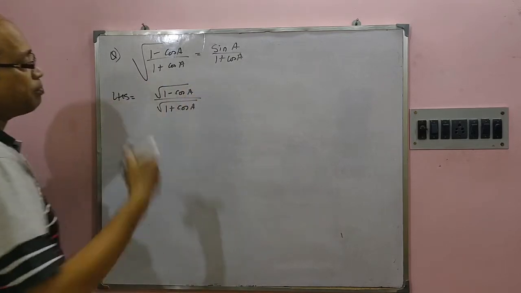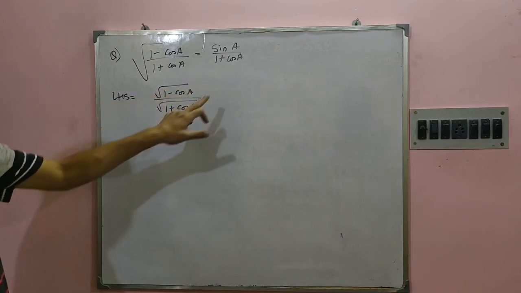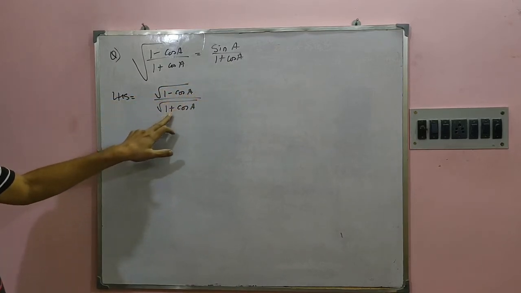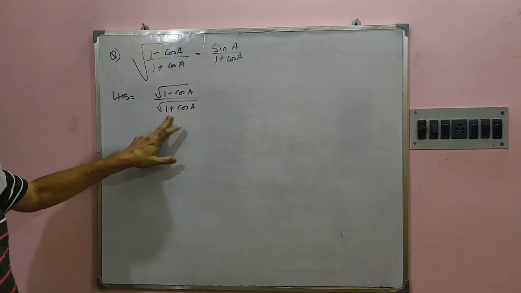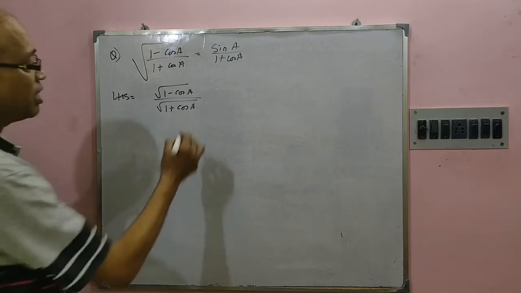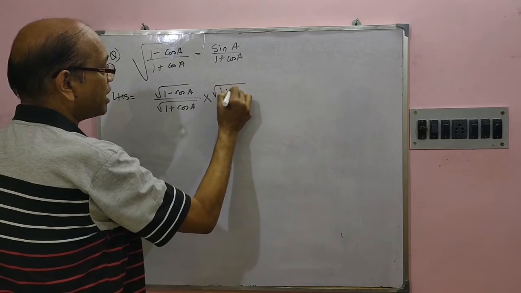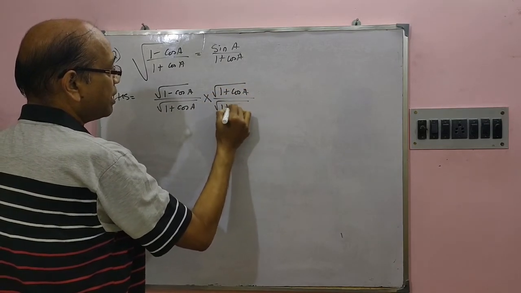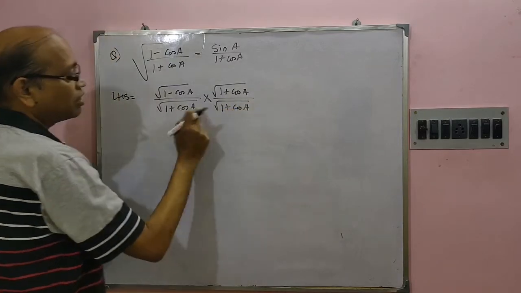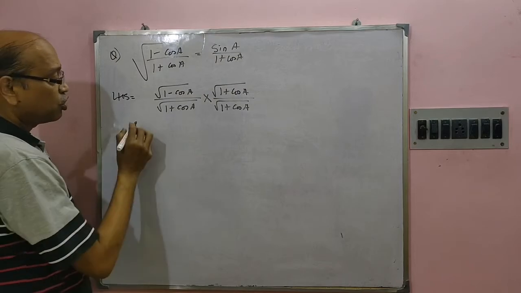On my right hand side it is 1 plus cos A, but on my left hand side it is root 1 plus cos A. So if I multiply and divide both by root 1 plus cos A, then this will give me 1 plus cos A.